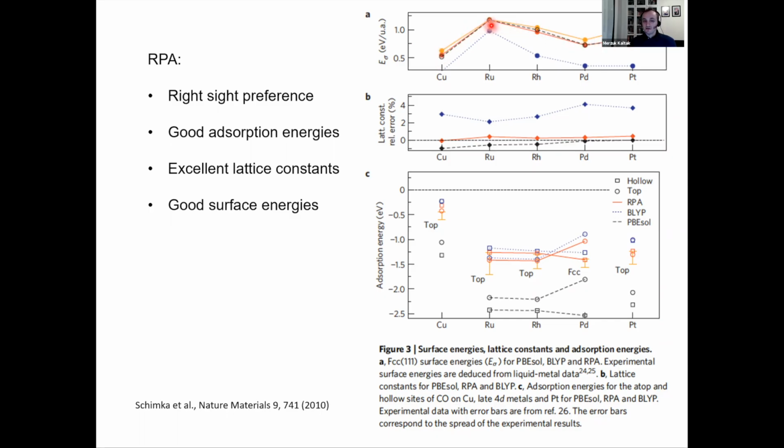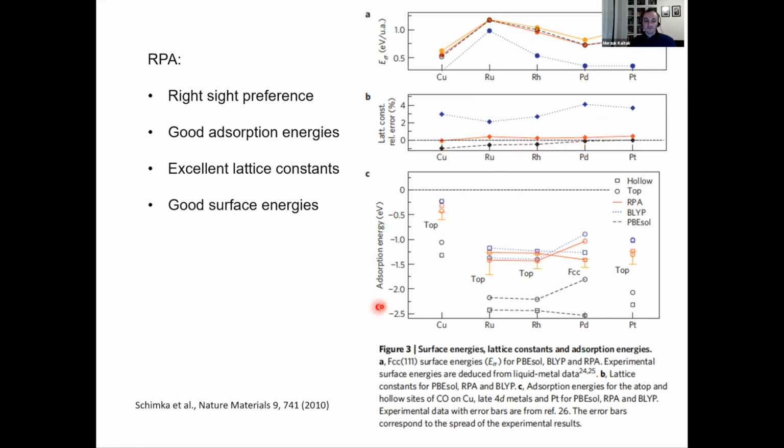PBEsol and RPA are really good for surface energies, while this BLYP functional shouldn't be used. Now comparing the lattice constants, again, BLYP is not great, and the relative error to experiment is the smallest for RPA. PBEsol is not that bad, but still, yeah.